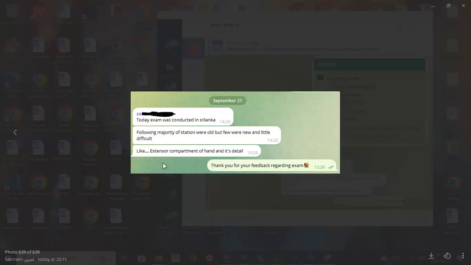especially the dorsum or extensor compartment of the hand, or the dorsum of the hand. What I would say regarding the dorsum of the hand or the extensor compartment of the hand is that it's very important.